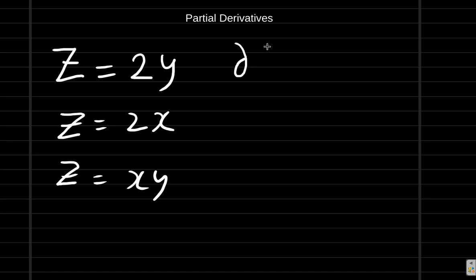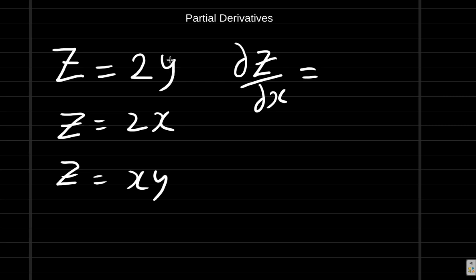Delta. This is delta z by delta x. I'll just call this partial. The partial derivative of z with respect to x. Sometimes we might use the word partial: the partial of z with respect to x, meaning the same thing as the partial derivative of. Alright? So the partial of z with respect to x, what do you think it would be here?